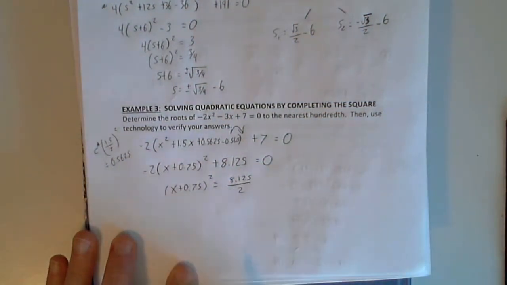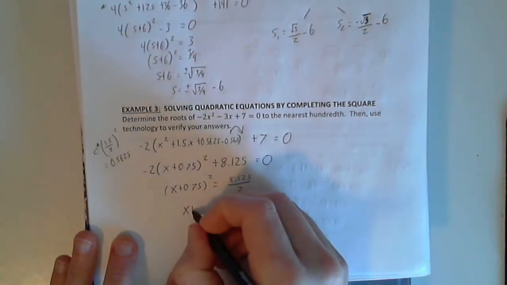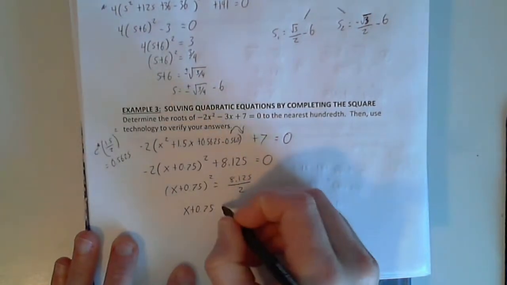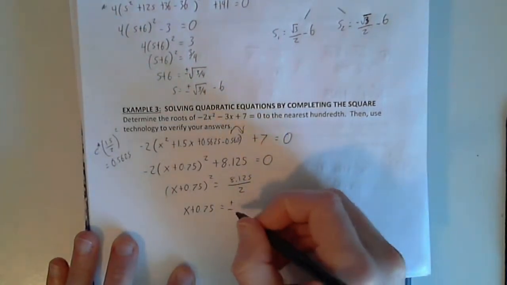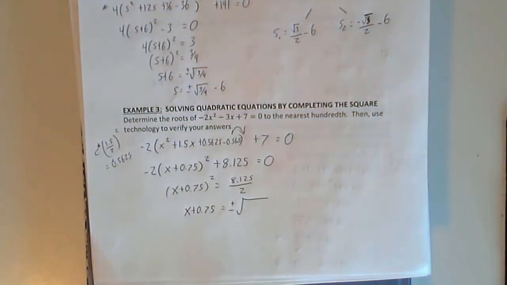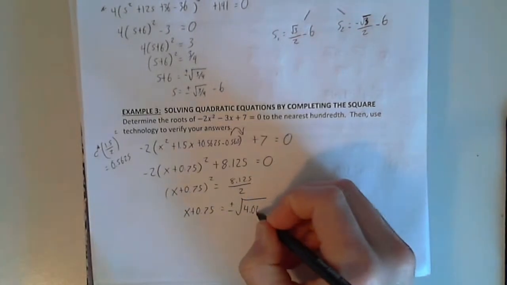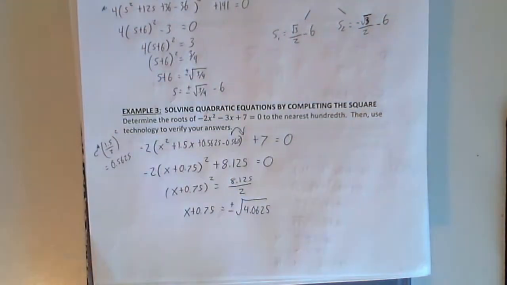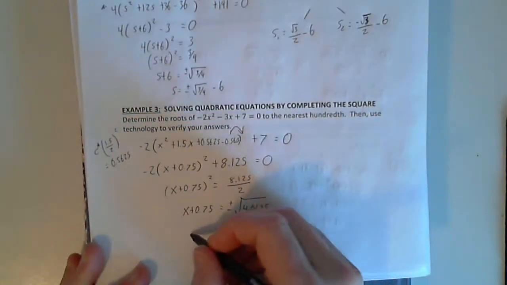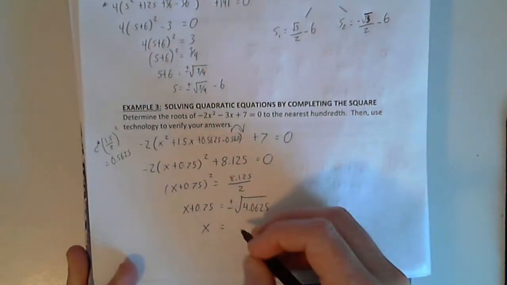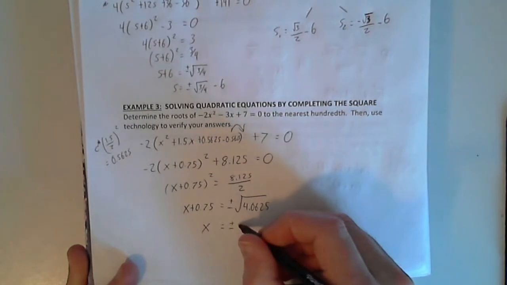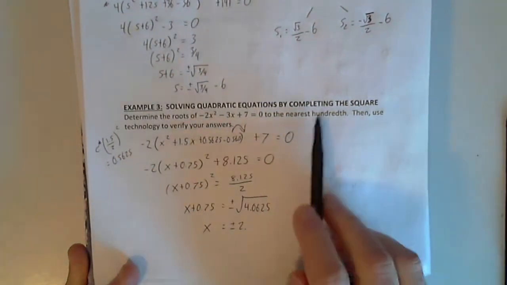Negative and negative make a positive. So x plus 0.75 is equal to plus and minus the square root of 4.0625, which is plus and minus 2 to the nearest hundredth.